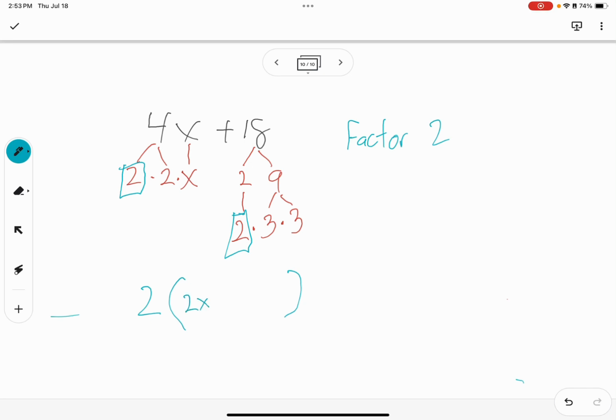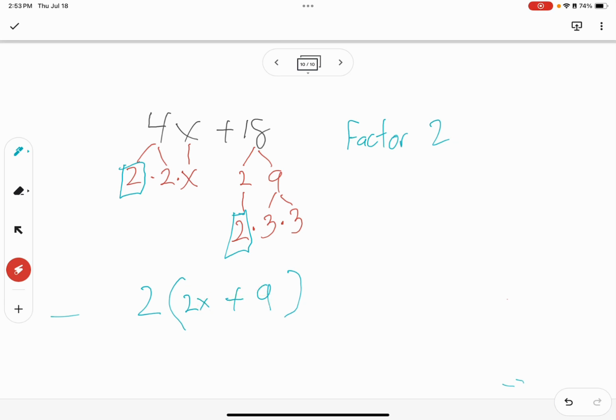And the other one, I've got 3 and a 3. 3 times 3 is 9. So I can do 9 here. And then the two terms that I broke down are combined by a plus sign. So I can put a plus. And this would be my answer: 2 times the quantity 2x plus 9. Okay? That's one way of doing it.